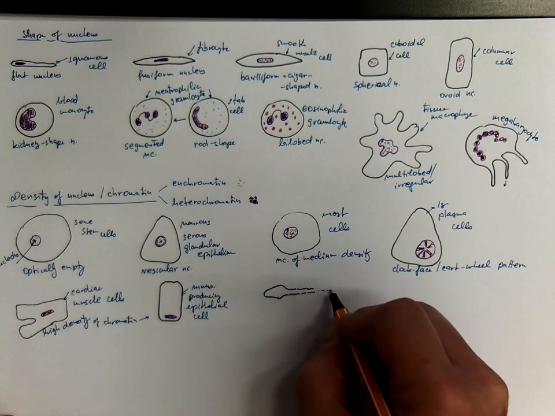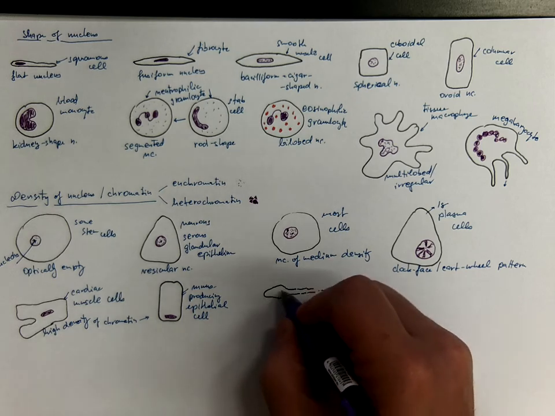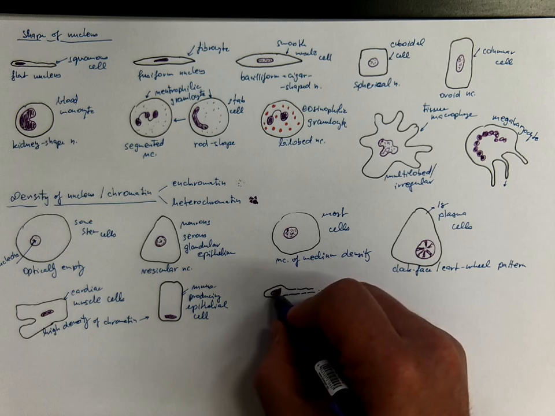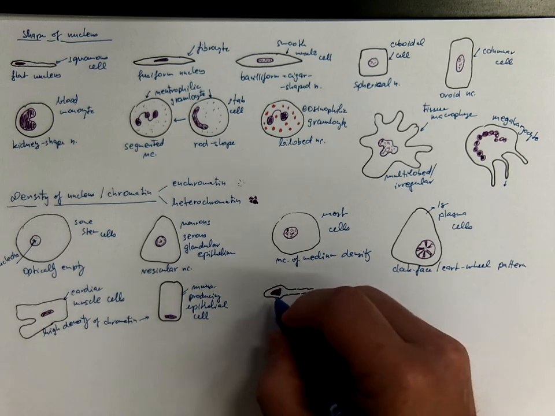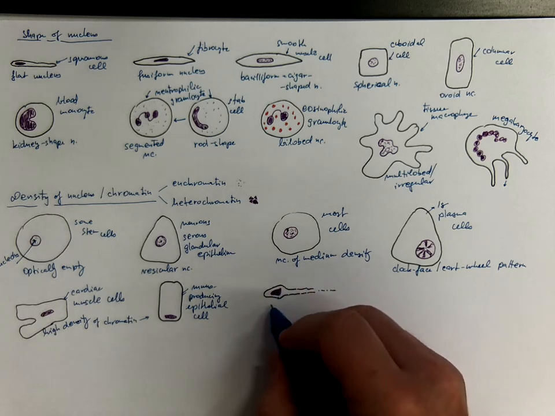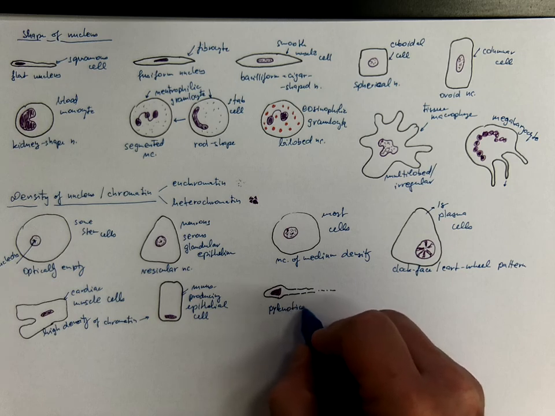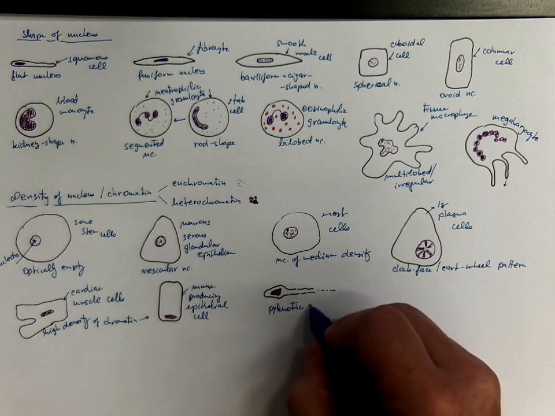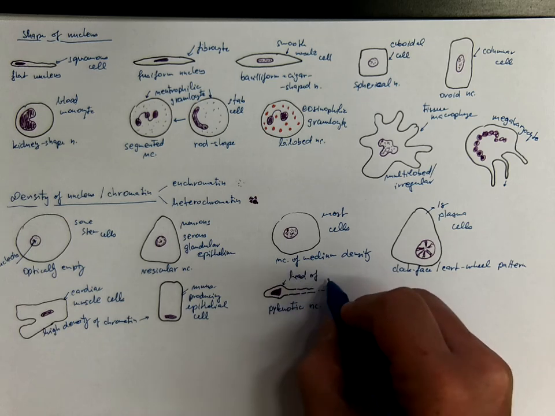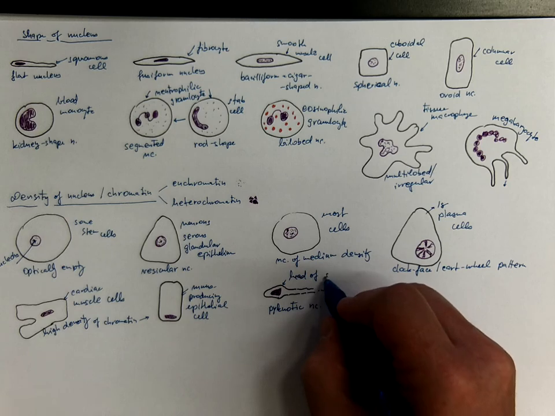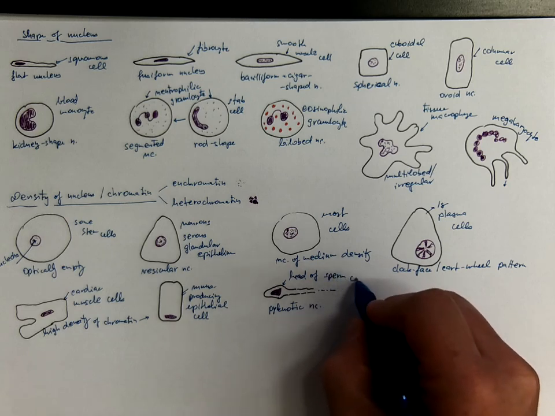So here the flagellum would continue, but I'm focusing on the head of the sperm, where the nuclear content is heavily condensed in the most possible compact way, and this is called pycnotic chromatin or pycnotic nucleus. That's the head of sperm cell.